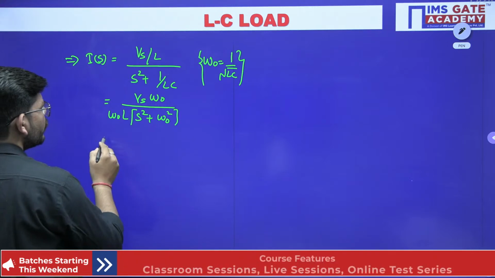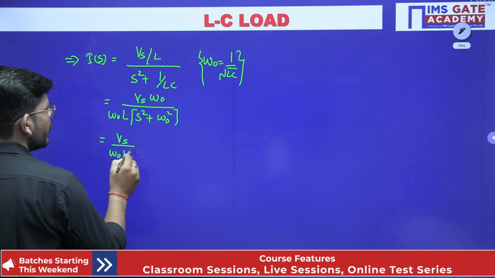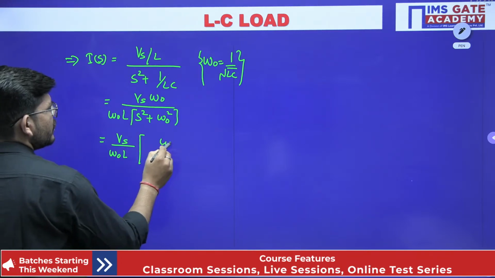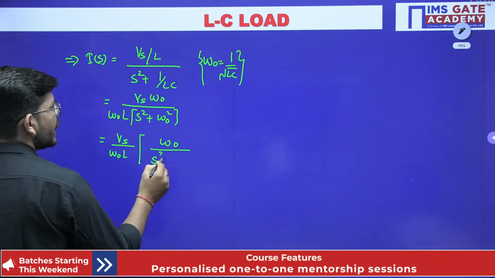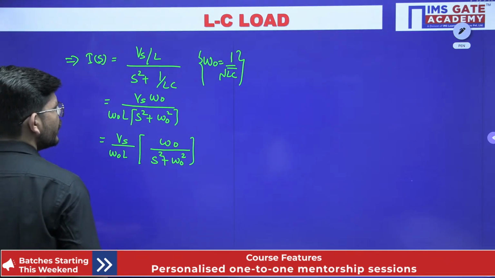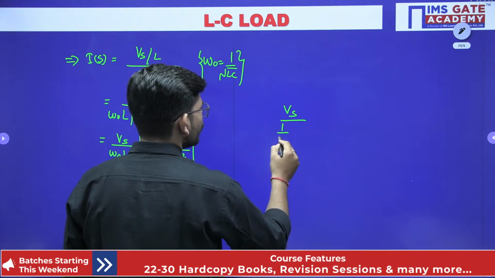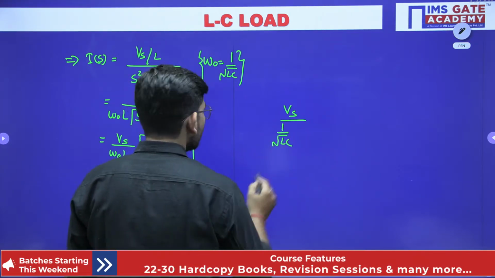So what I am going to get is Vs upon omega naught L, and inside the bracket omega naught upon S square plus omega naught square. So what is the value of Vs upon omega naught L? Omega naught is 1 upon under root LC, and this is L.